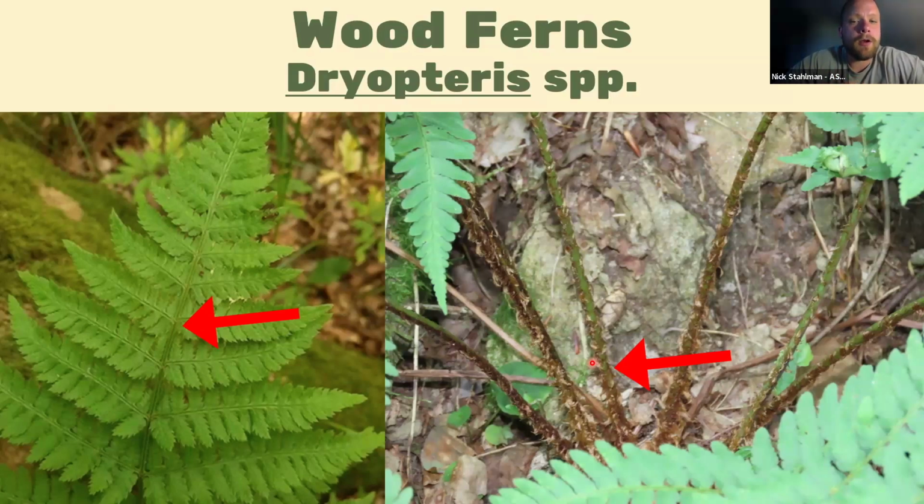So this can be a very difficult group to get down to species, but sometimes you get one that's just a very obvious example of a certain species. So it's a fun one, but I generally look for the brown scales and that groove in the rachis, and I more or less most of the time just leave it at wood fern. This is actually how we sell them in our shop too, is we just say wood fern, Dryopteris species.